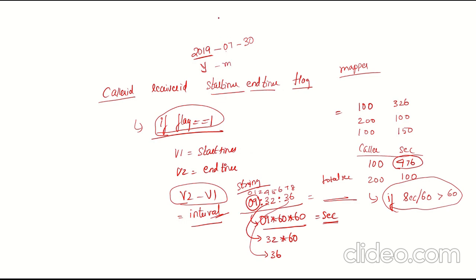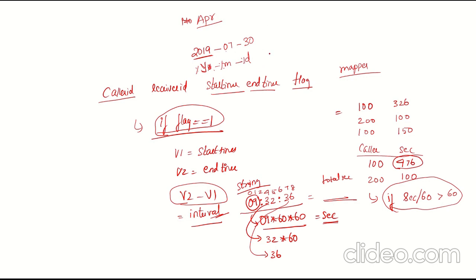Capital M means maybe April, APR, where you store the month in 3 letters. Then small d. So this is the format of the date.